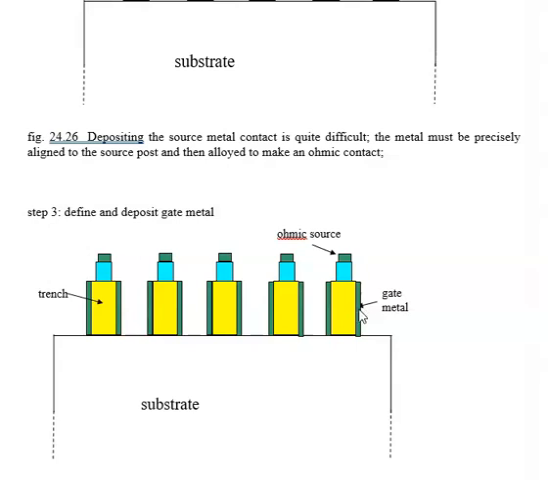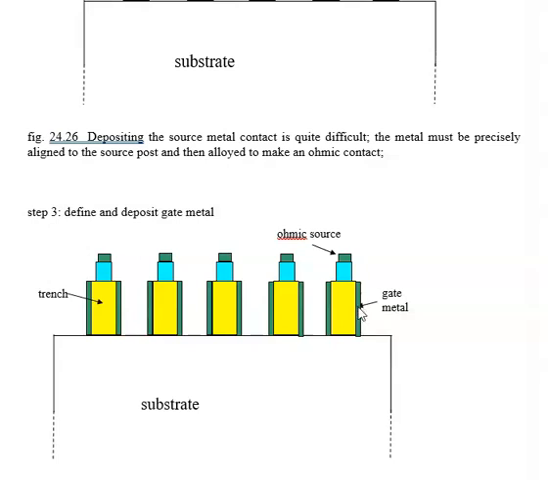This would be not alloyed like we have for the ohmic contact. We want to make a contact here where the metal is actually part of the source. So we alloy these at a relatively high temperature, whereas here, because it's a Schottky, we try to keep the temperature in the range of less than 700 degrees.